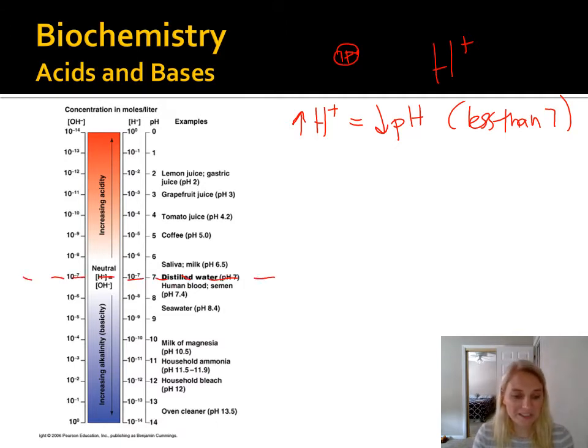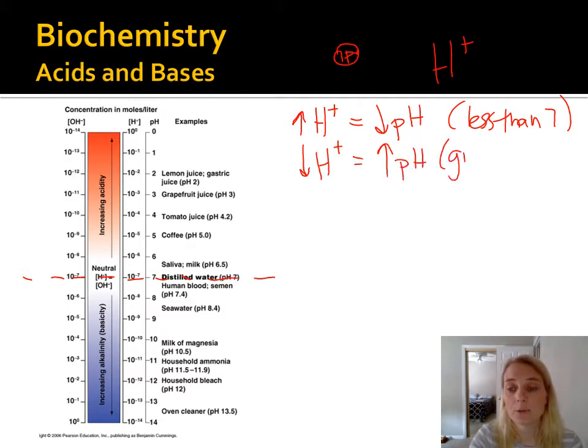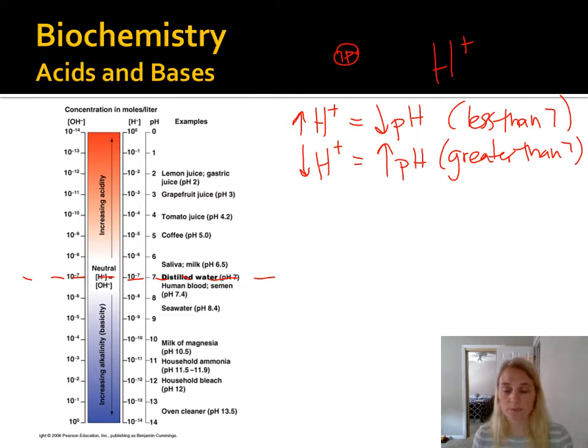If it's less than 7, we have a higher concentration of hydrogen ions. If your hydrogen levels are low, that's going to give you a higher pH number, greater than 7. And we have words for these. Something less than 7 has a low pH, and this is an acid. When you have hardly any hydrogen ions, the pH number is high, greater than 7, and this is what we call a base.